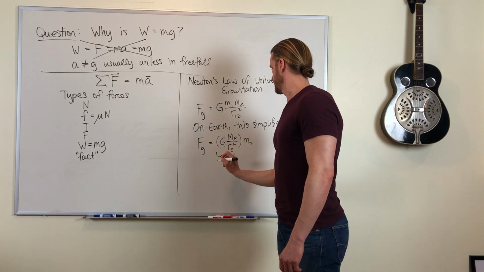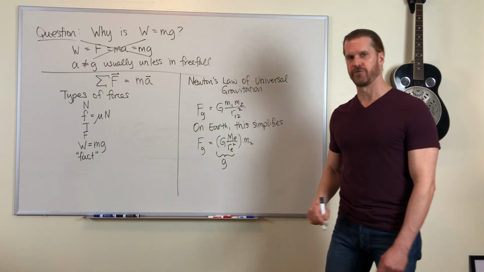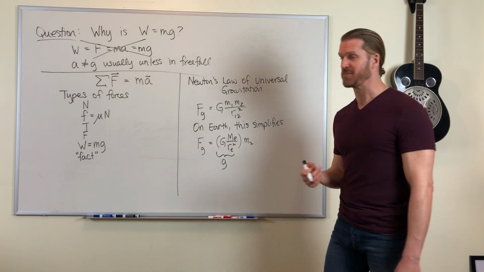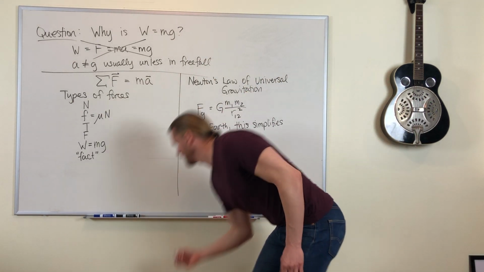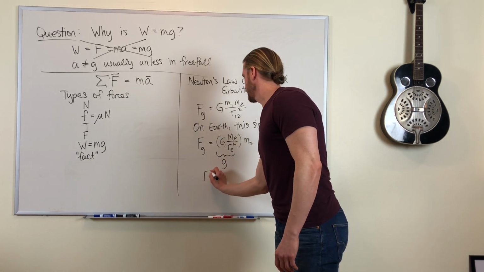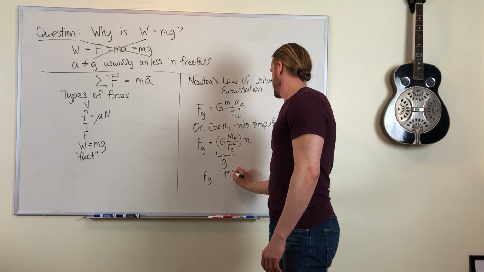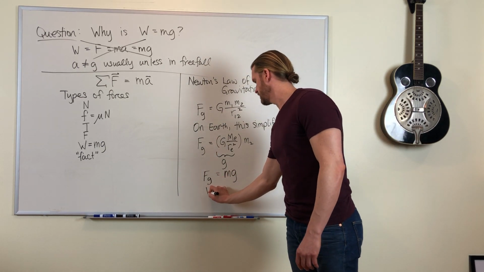And we just give this thing a convenient name, little g. That combination of numbers happens to equal 9.8 meters per second squared. So we say that the gravity force for objects on the Earth is m times g. And it's tradition to name that W.